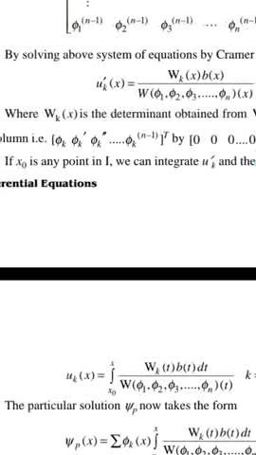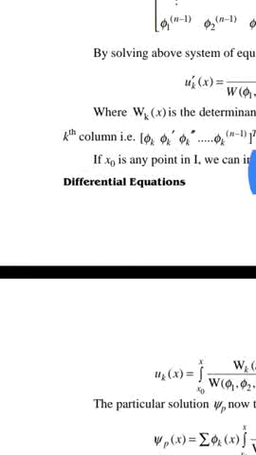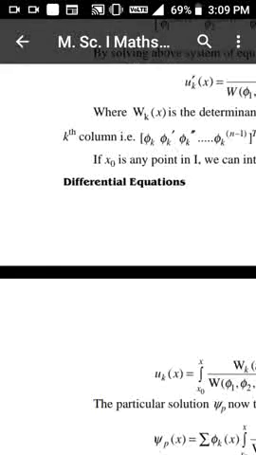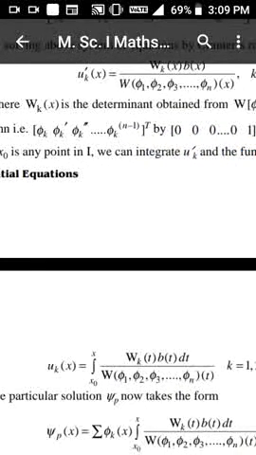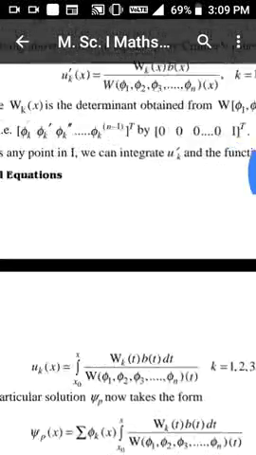by replacing the kth column phik', phik'', dot dot, phik^(n-1), transpose by 0, 0, 0, 0, 1 transpose.